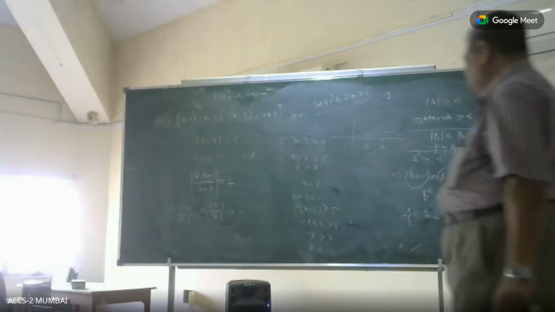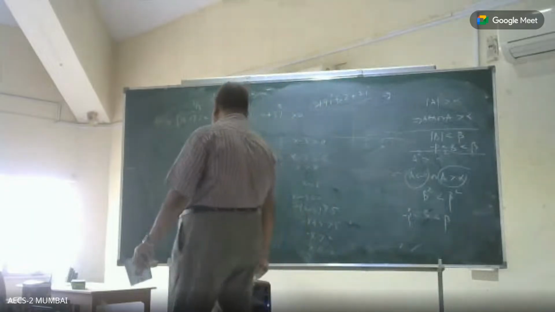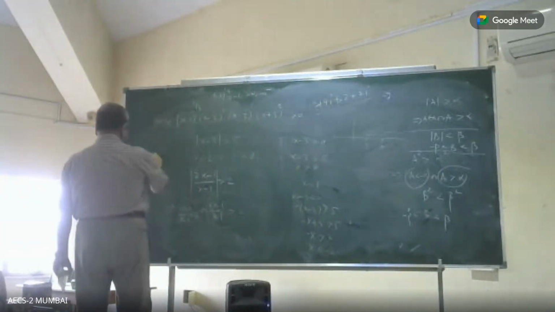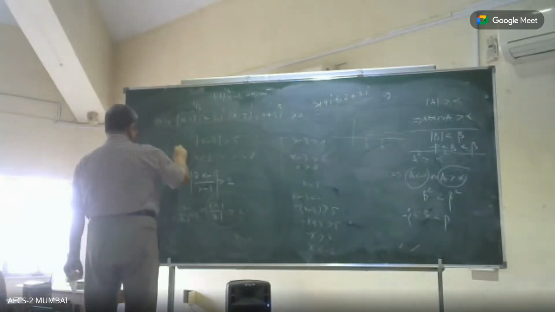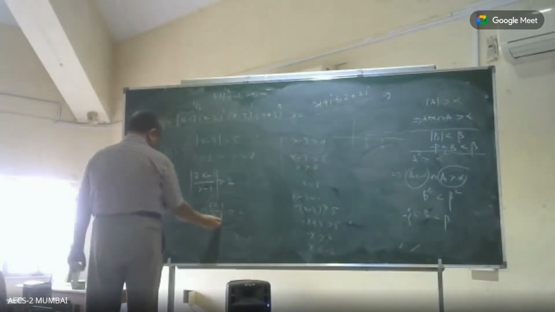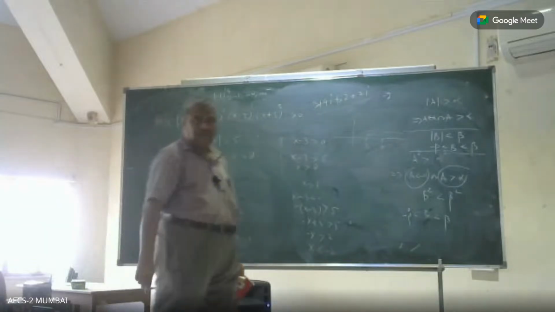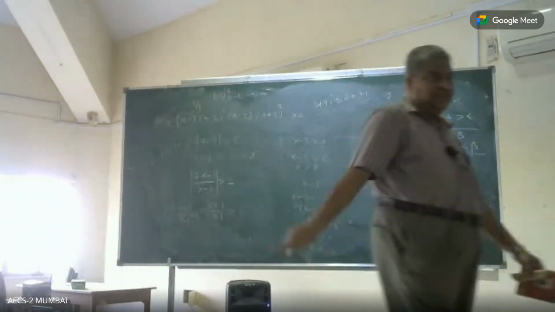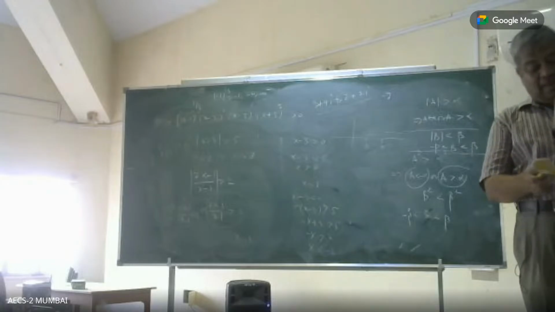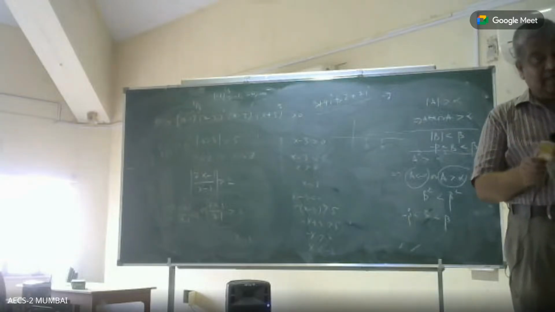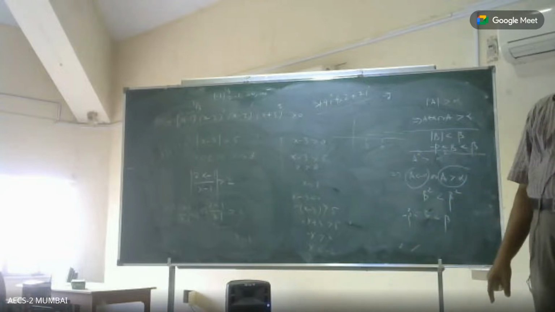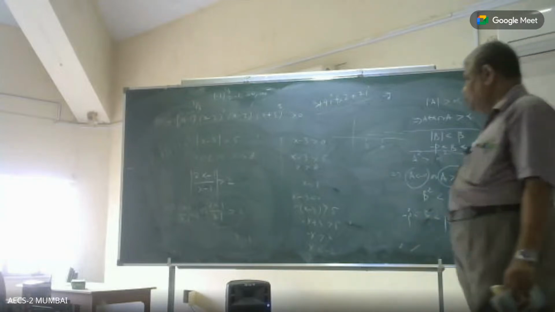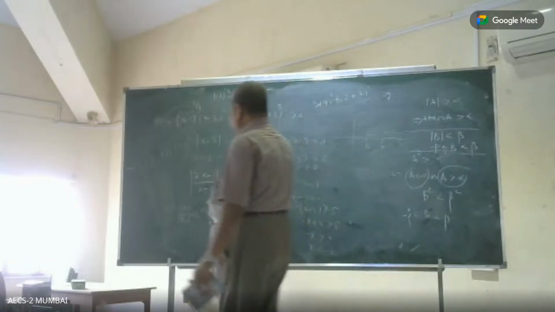So the net answer is 3 by 4 comma 1 union 1 to infinity, because 1 is not included. This is the answer. 1 is not there in the answer. Correct? So this is the answer.